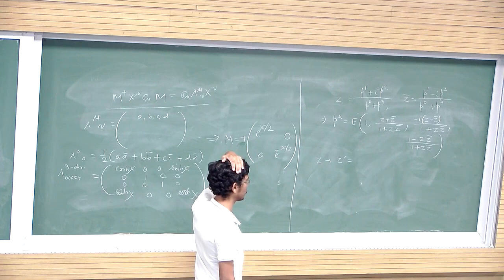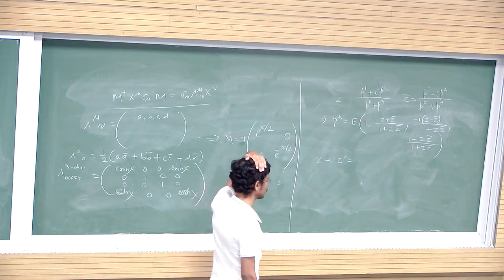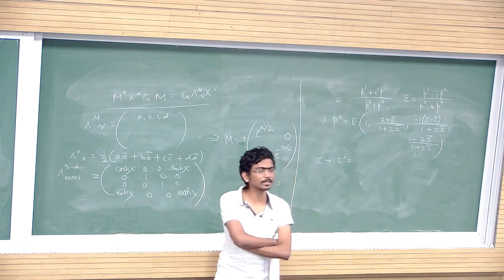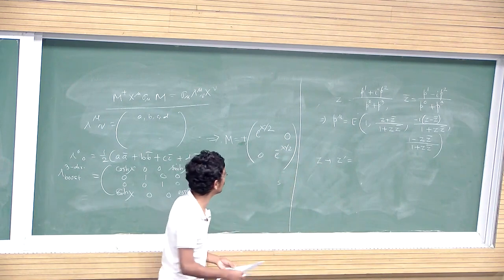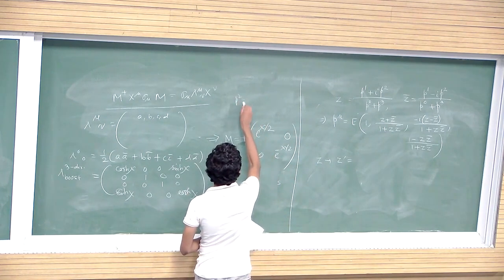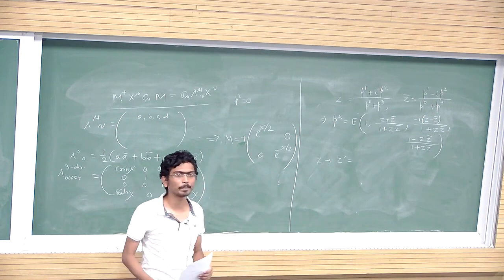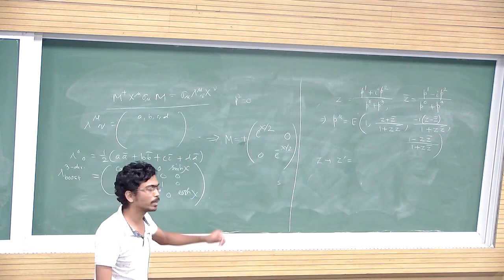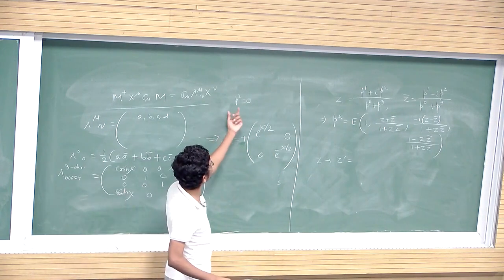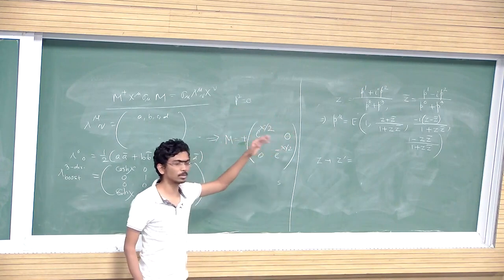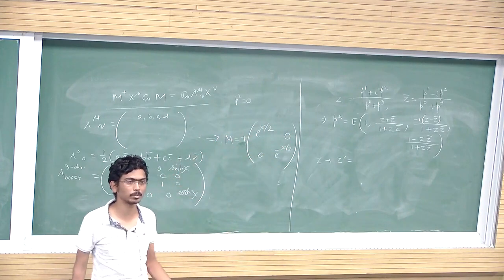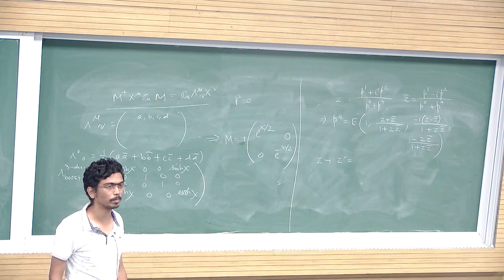In that case, p1 and p2 will also be 0. Ultimately you have to satisfy the relation p squared equals 0. So if p0 squared minus p3 squared is 0, ultimately p1 squared plus p2 squared has to be 0. That means p1 and p2 are also 0. Yeah, he's right.